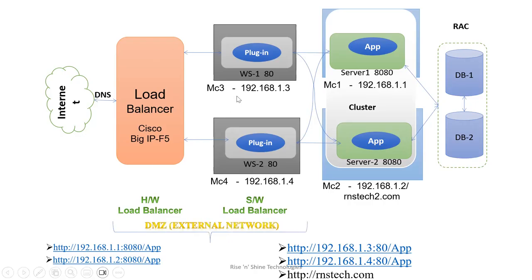So these load balancers will be in the public network, that is the external network, or what we call the demilitarized zone. And app services and databases we keep in the private networks, that is internal networks.